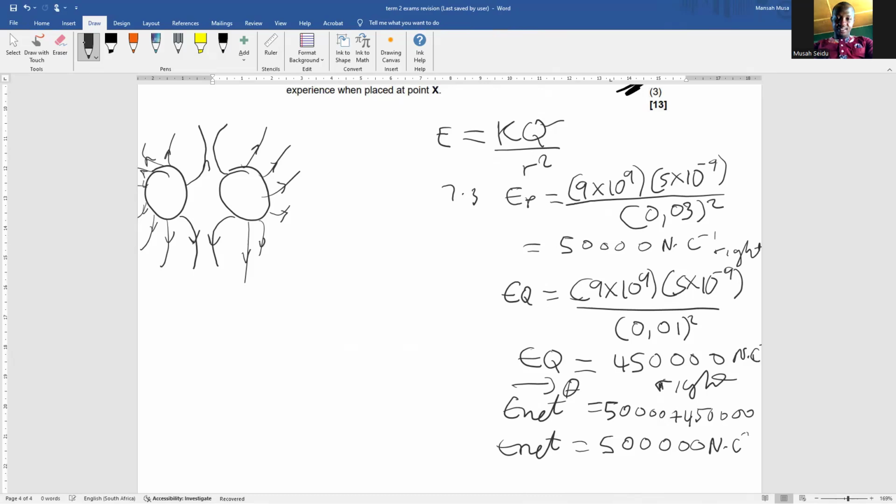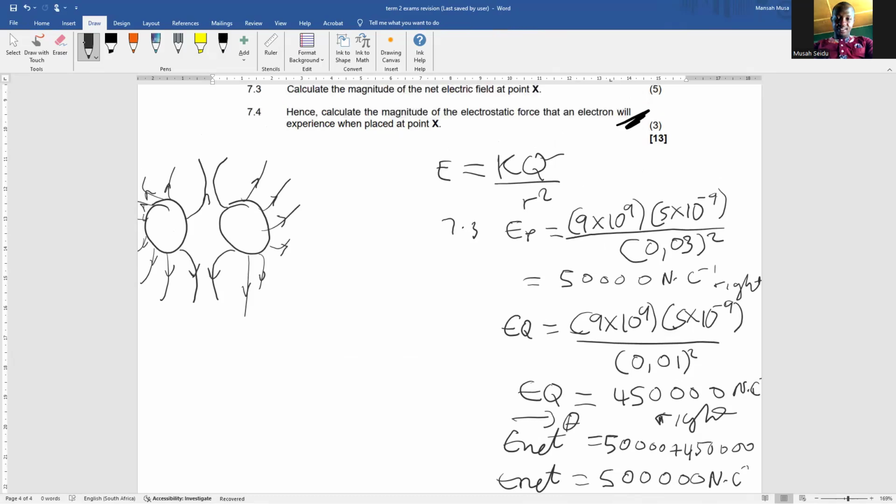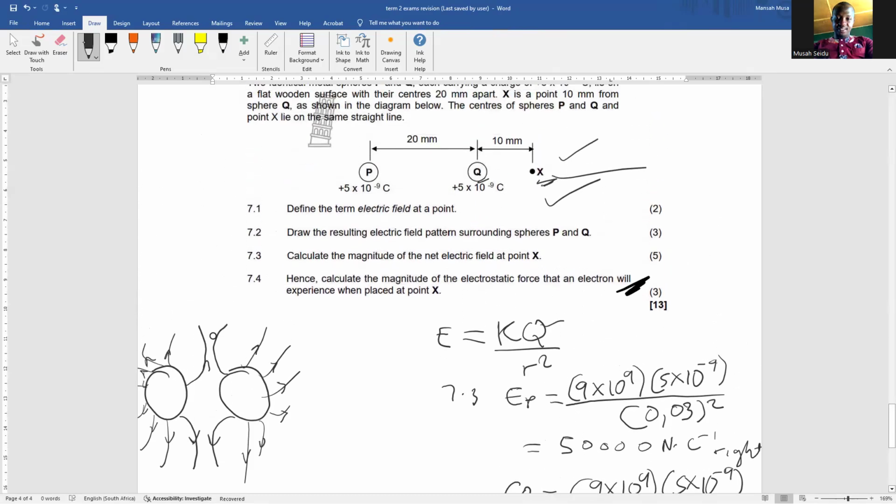That is the net electric field at this point X.